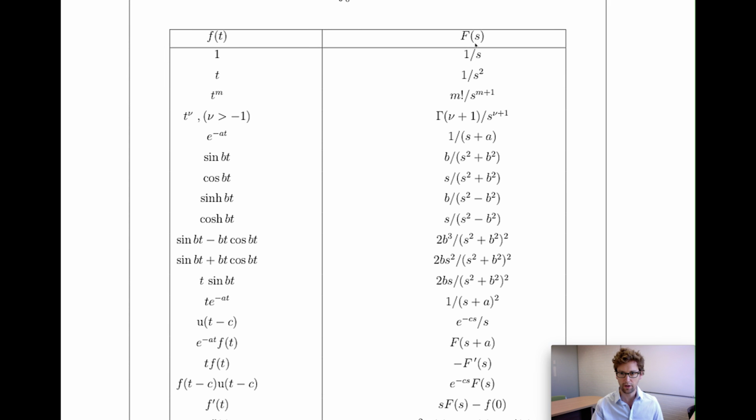Scanning down the column here, we see that it looks most like this function right here, 1 over s plus a. So 1 over s plus a has the inverse Laplace transform of e to the minus at. So our task will be to rewrite our function so it looks like that and then go backwards.